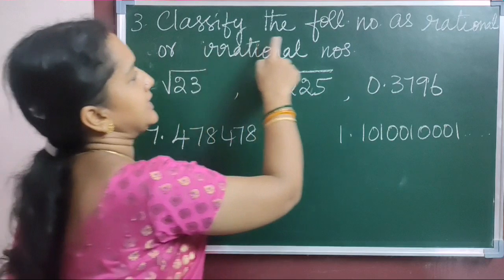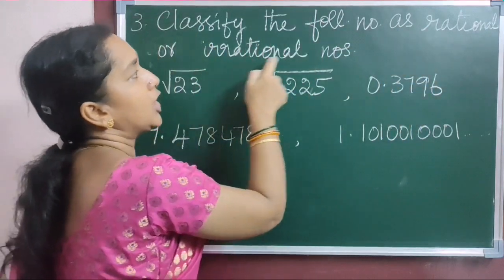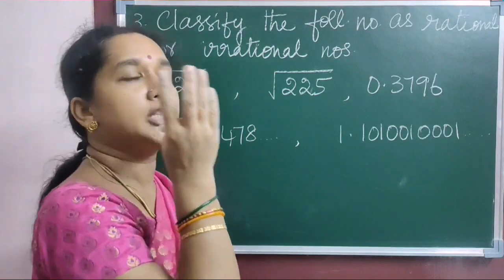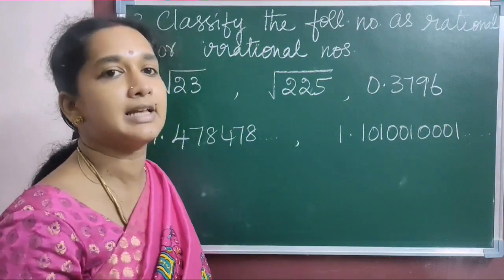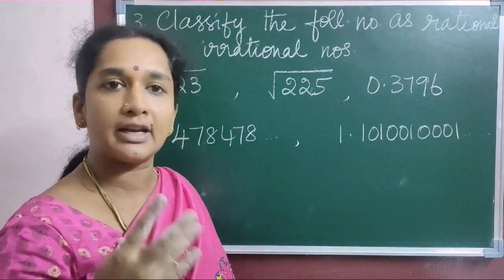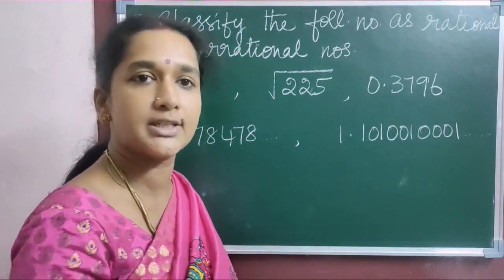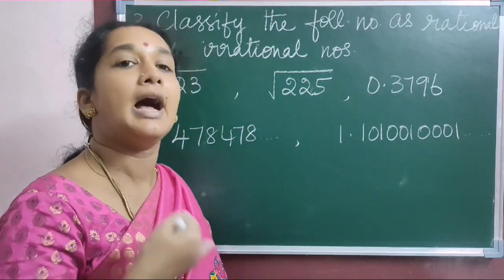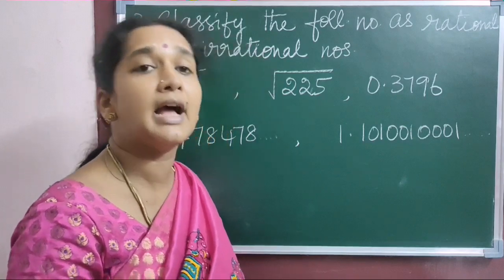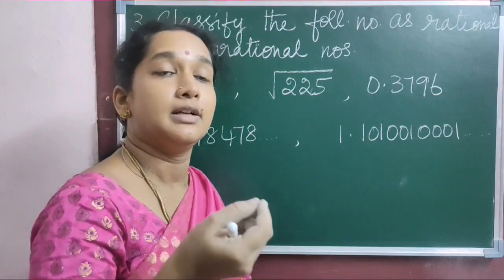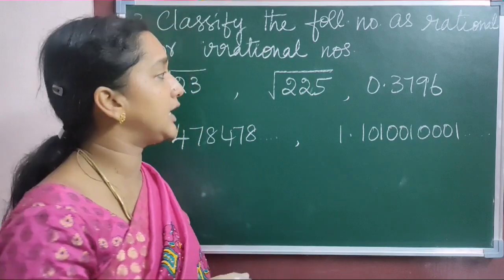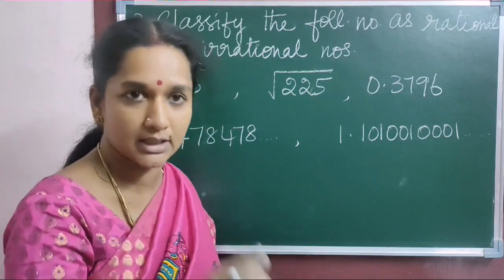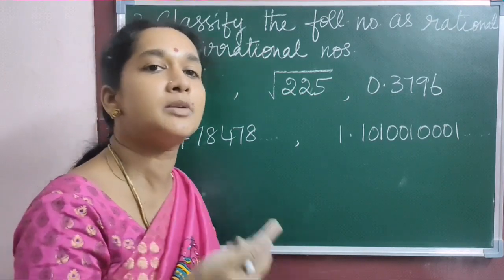The third sum is, classify the following numbers as rational or irrational numbers. On seeing the sum, depending on the decimal expansion, we can easily classify whether they are rational or irrational. For rational numbers, the decimal expansion is either terminating, or non-terminating and recurring.